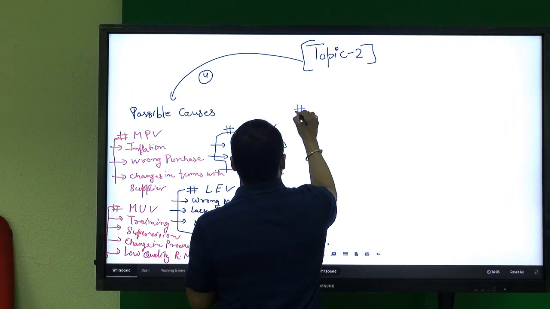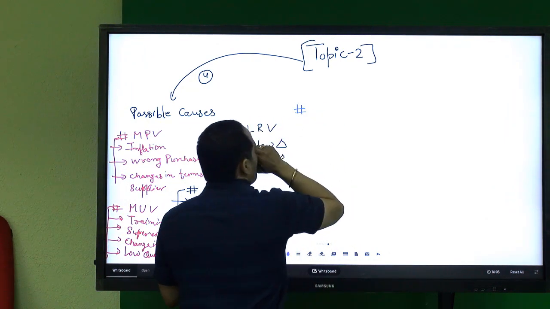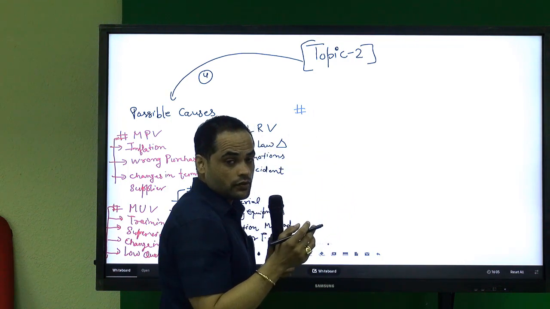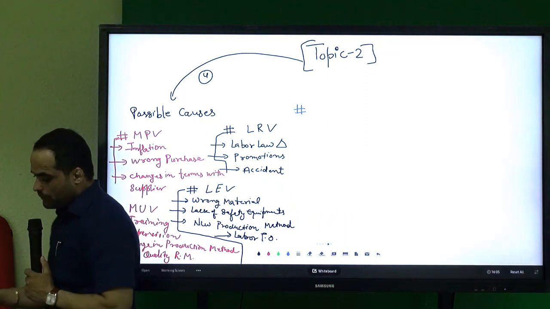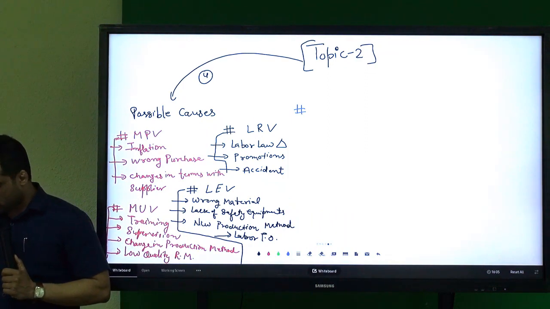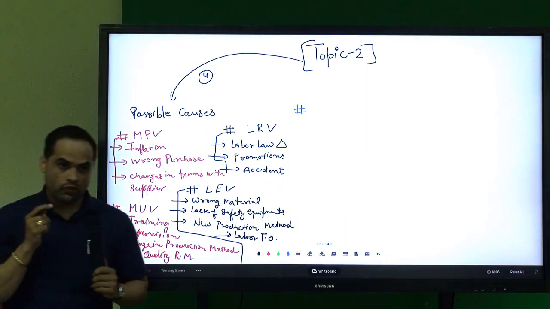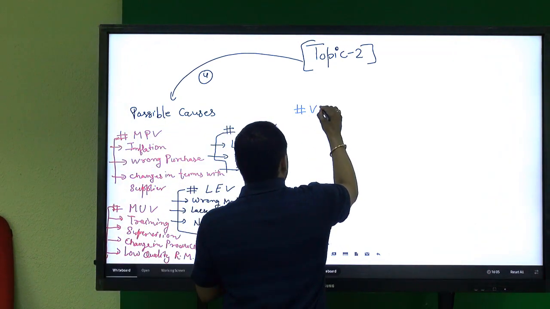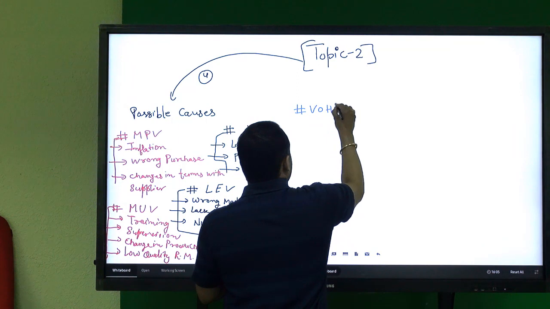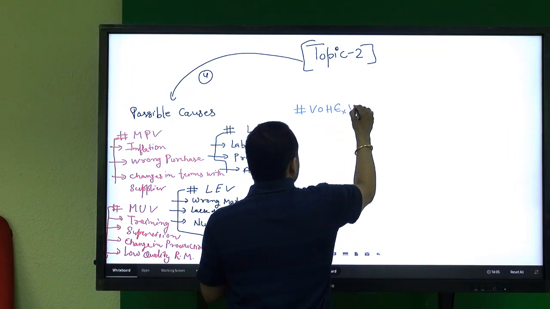Next is overhead variance. So we have fixed overhead and variable overhead. First, variable overhead expenditure variance.